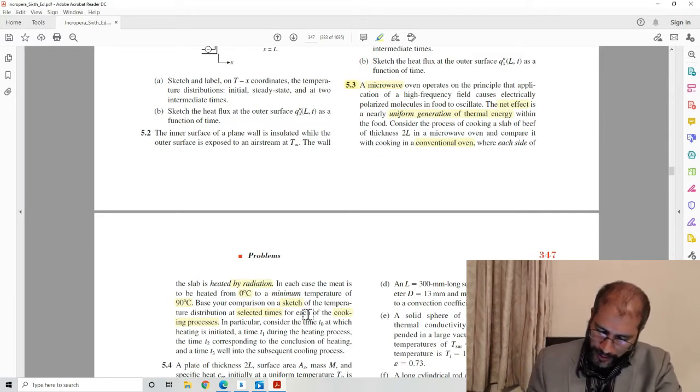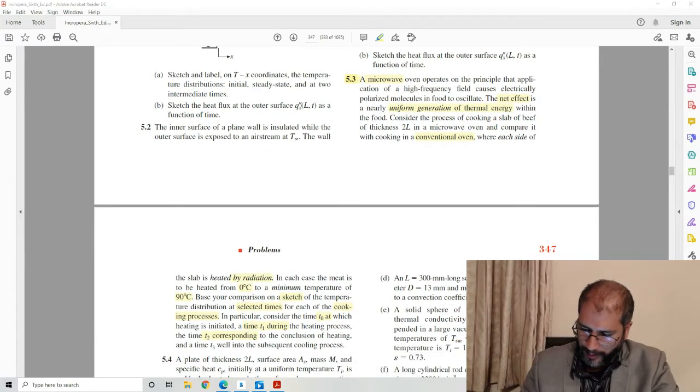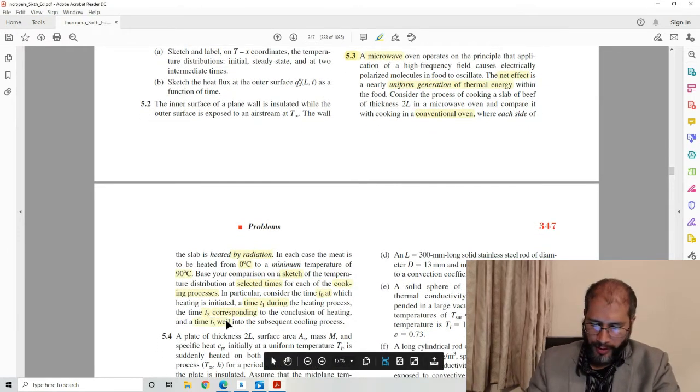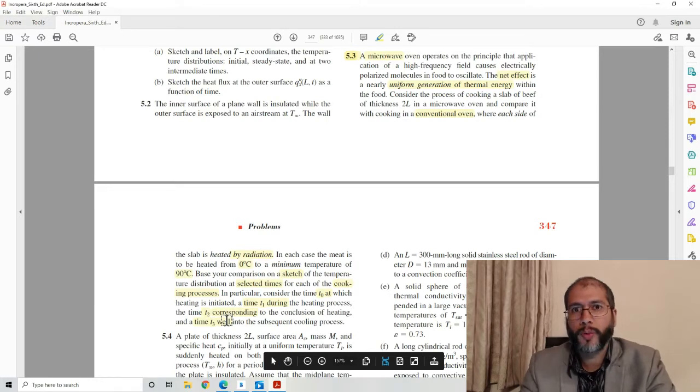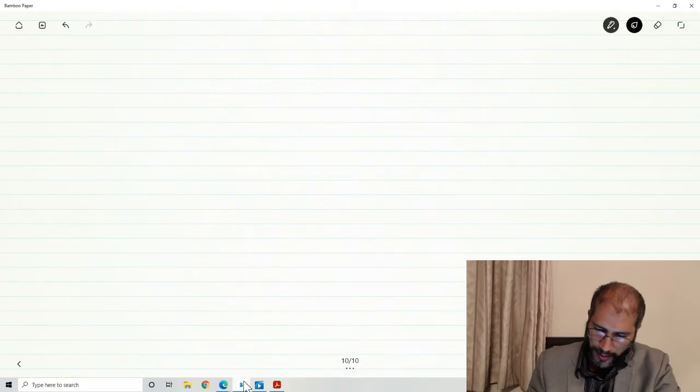We particularly have to consider the initial time T0, and then an intermediate time T1, and then T2, which is the final time at which the food gets heated. Then we have to consider time T3, which is after T2 when you start the cooling process and the slab starts to cool, and we have to sketch the temperature at some later time T3 as well. So let's do that.